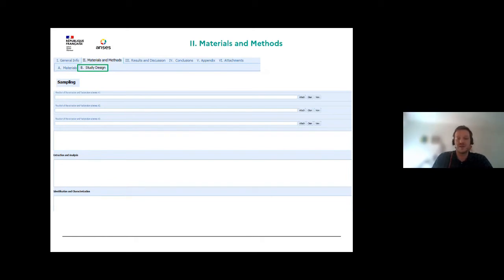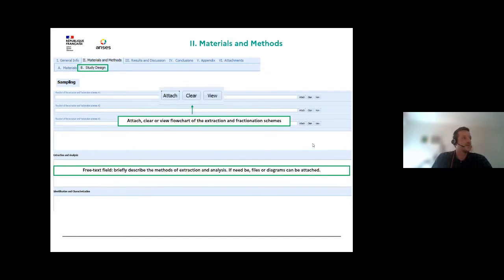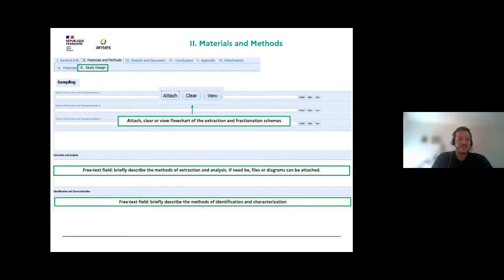Maybe my colleagues can answer after this, but we did not answer this question, which was asked in the previous presentation. And you have the way to attach the flowcharts. You have also a free field to describe the extraction and analysis method, and also the field to describe identification and characterization parts.